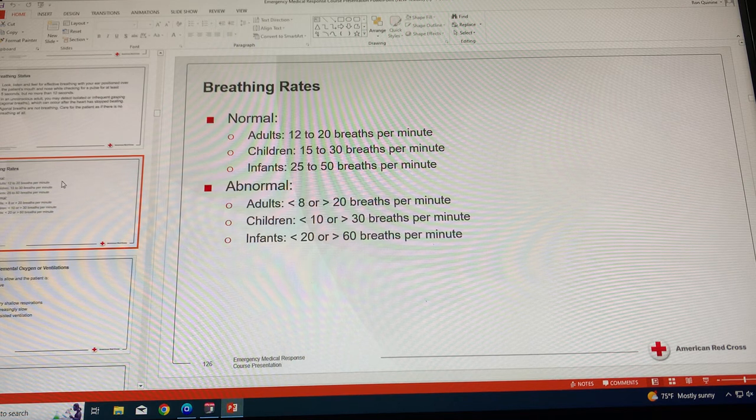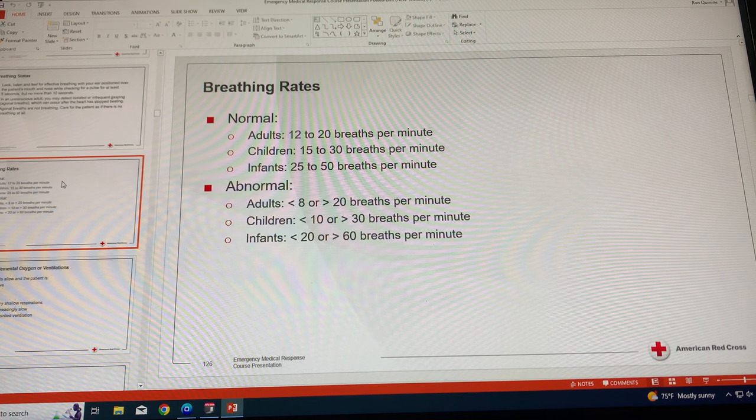Okay, on the next slide here, we are going to deal with breathing rates. If the patient is breathing, assess the rate and depth of the breathing. A healthy adult breathes regularly, quietly, and effortlessly. Okay, so we're going to right now talk about the normal breathing rates.